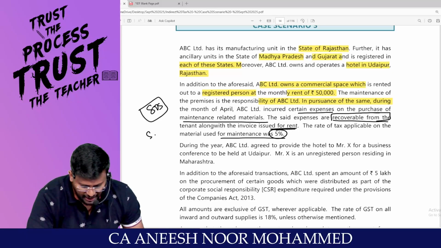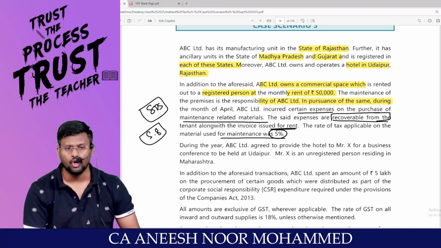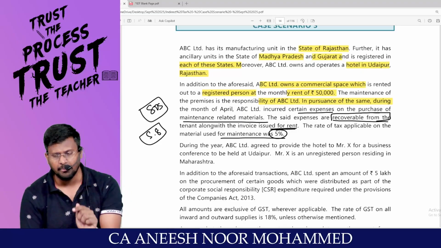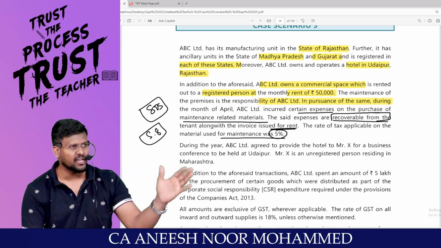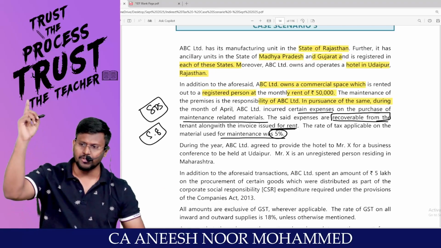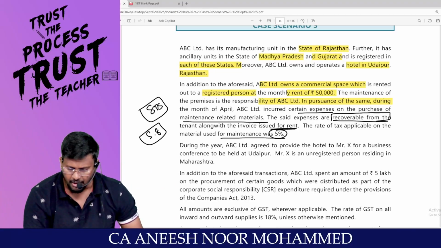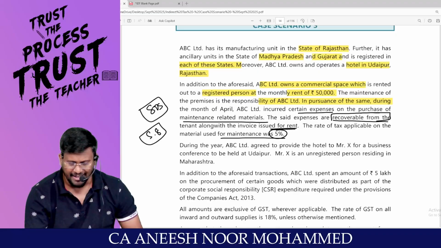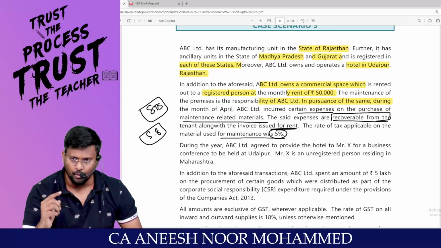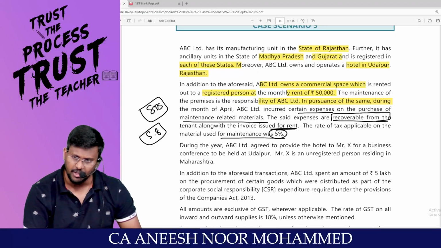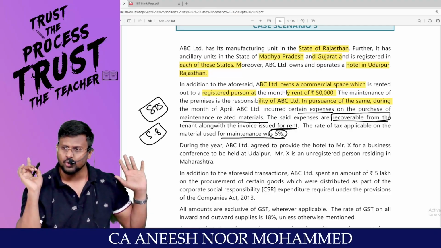As per section 8 of the CGST Act, the tax rate for composite and mixed supply: if a supply is treated as a composite supply, for the ancillary supply, the sub-supply also, the rate of the main supply, the principal supply, will be applicable. Are you agreed with me? And for the main supply, 18% will be applicable. So even for the maintenance items also, 18% will be applicable. First part of the question, MCQ comes to an end.